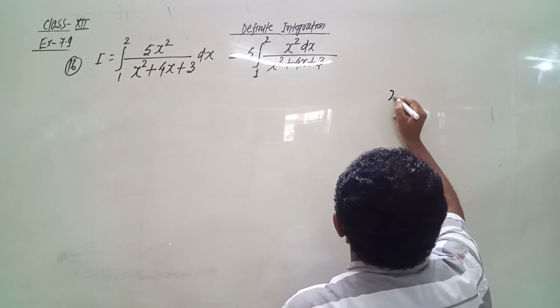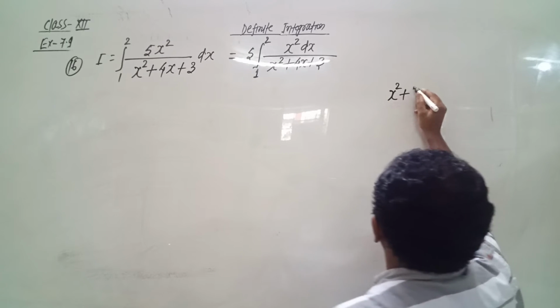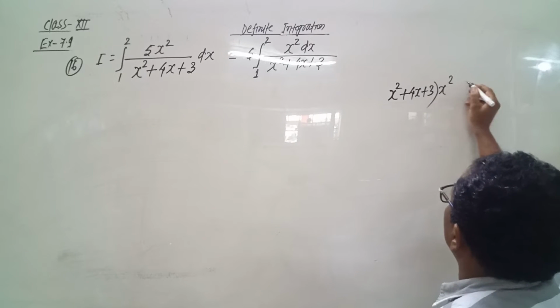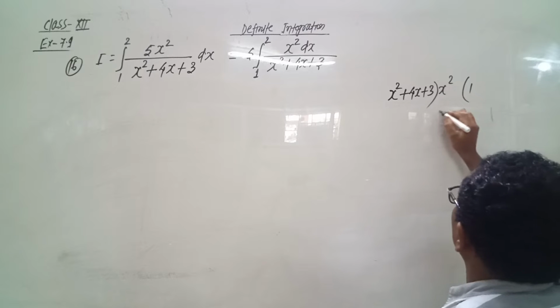So we divide x square by x square plus 4x plus 3, and it goes 1 time.